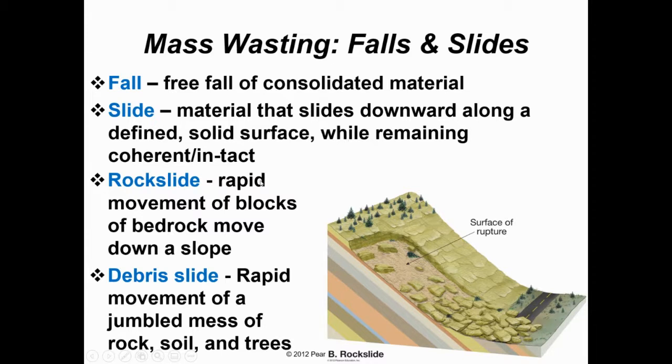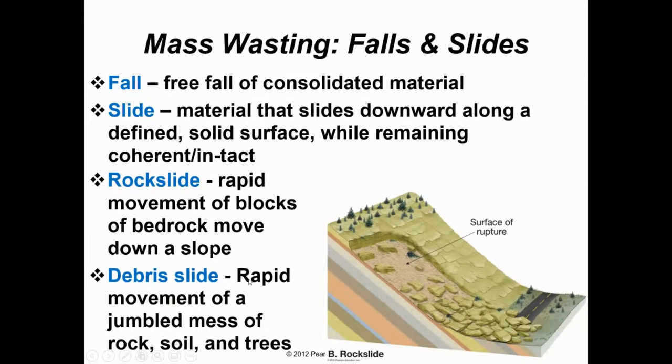Those get broken down into a couple categories based on the type, or rather size of material. So the rock slide contains basically just big chunks of bedrock that just kind of slide down the mountain slope. A debris slide is kind of like what this is. No, I guess this is a rock slide. Those are rocks. I was thinking that was vegetation, but no, it's not.